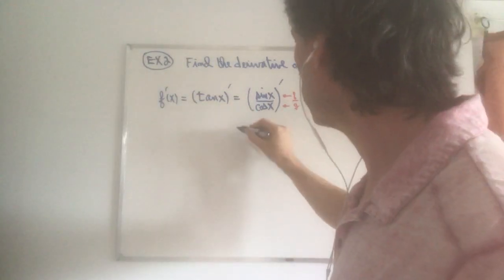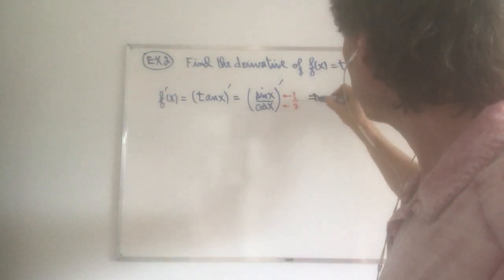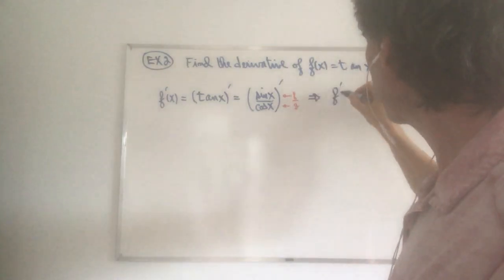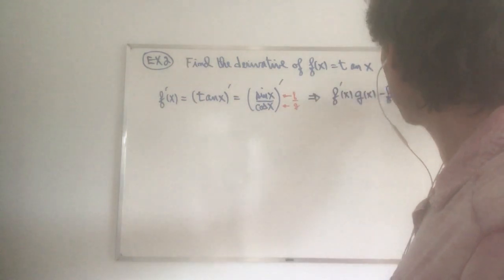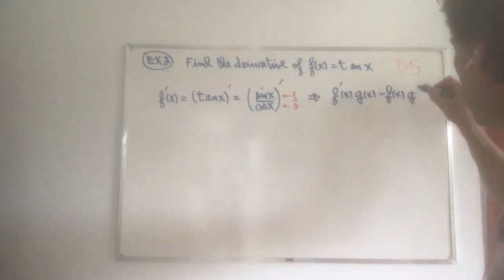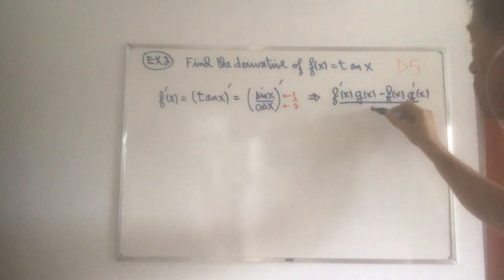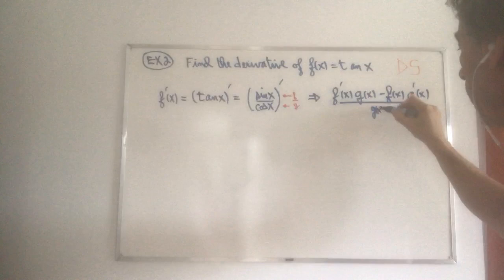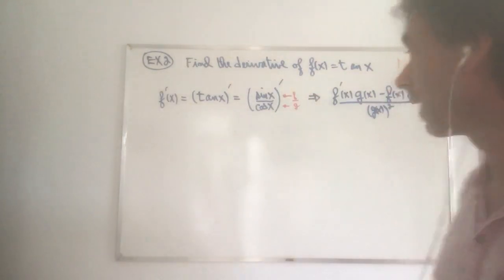What is the quotient rule? The quotient rule, let's do it over here. The quotient rule is f prime g, we know this, minus f g prime over g squared. All right, we know that f is sine, g is cos.